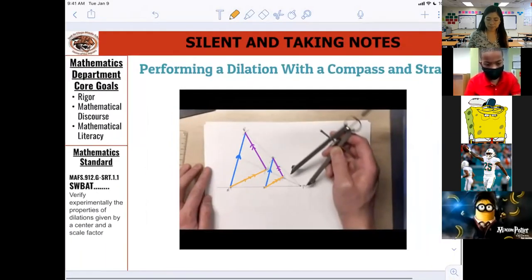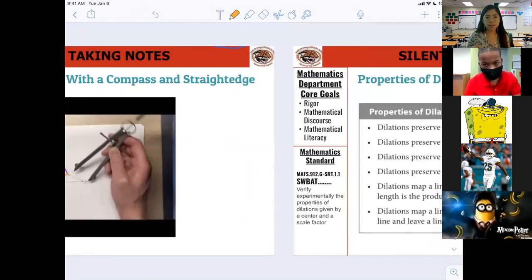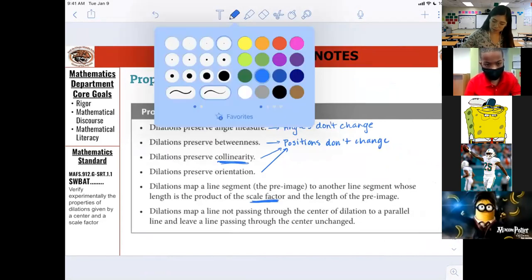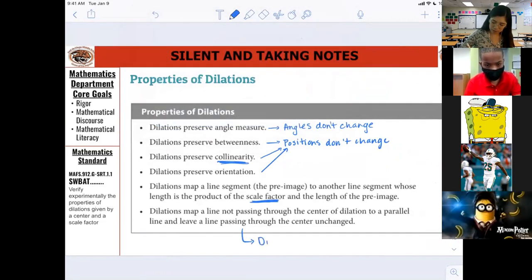Awesome. Okay, so that is what that final bullet point is talking about. So dilations create parallel lines. Any questions on the properties that we have written down? Okay, awesome.